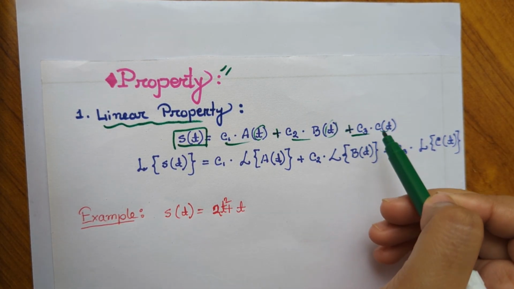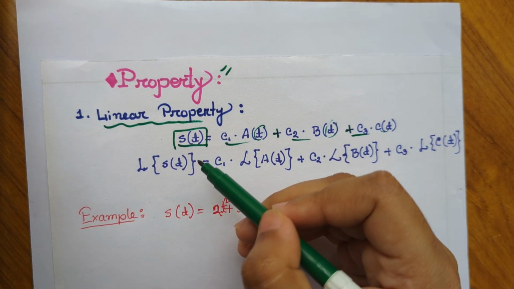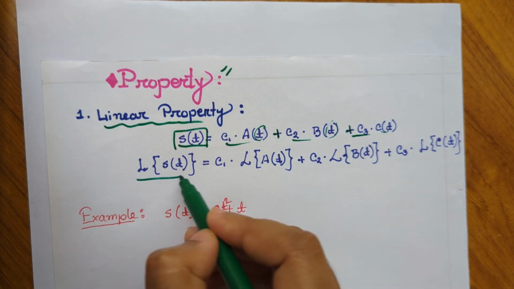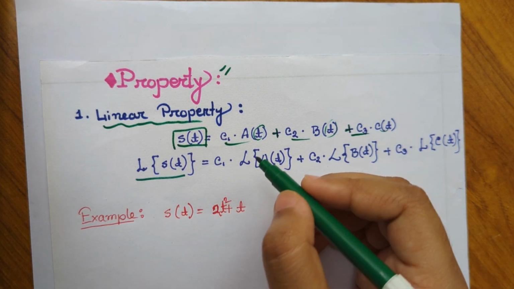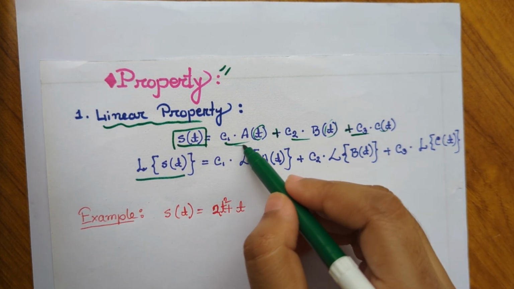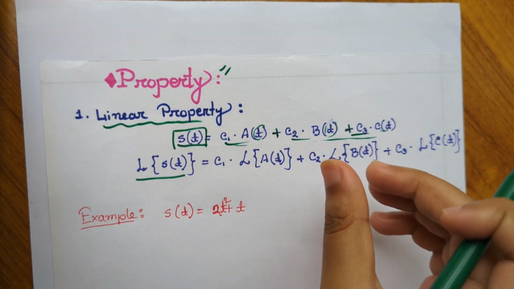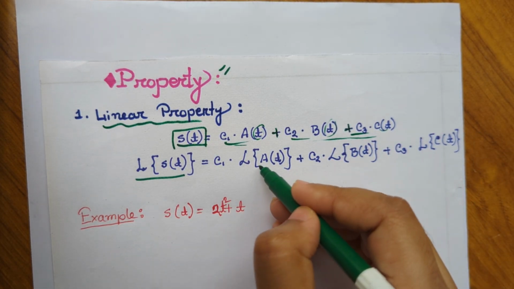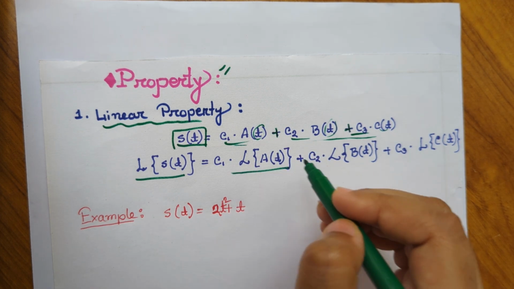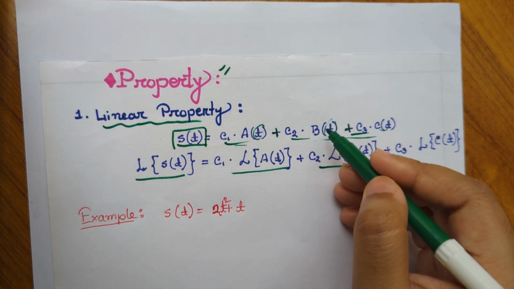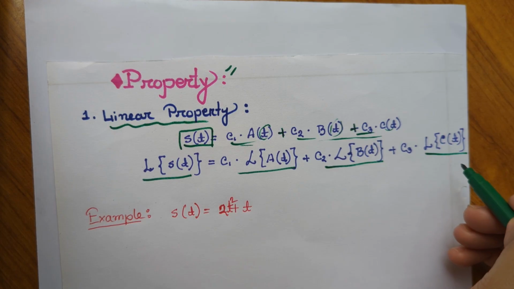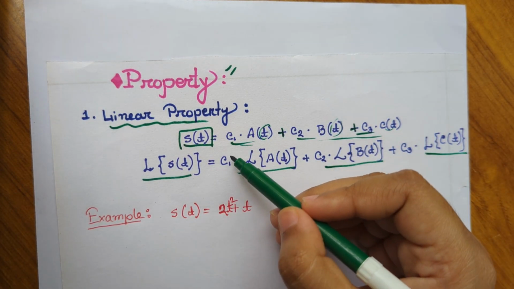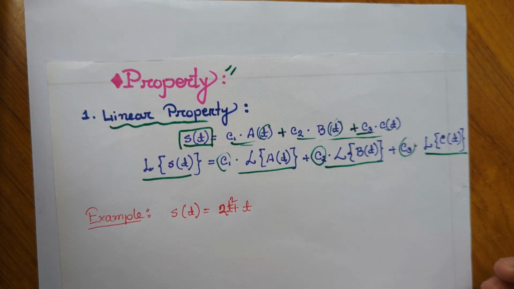As these three are also functions of t, if we do the Laplace transform of the main function, then the Laplace transform of s of t will be the Laplace transform of the first function, the Laplace transform of the second function, and the Laplace transform of the third function. And c1, c2, c3 are arbitrary constants here, and they will remain the same.